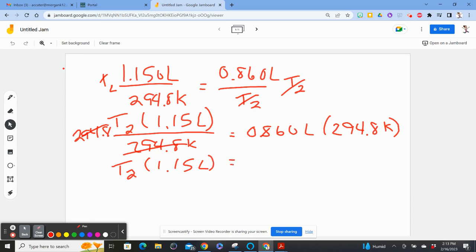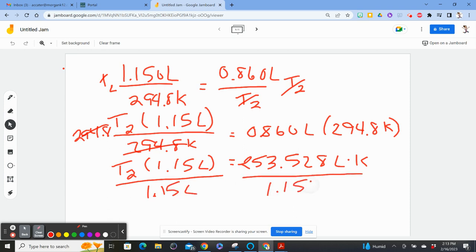And if I multiply those two things together, times 0.860, that gives me 253. Okay, and then to get the T2, since I'm multiplying by 1.15, I need to divide by 1.15. So my liters cancel out, and I get 253.528 divided by 1.15. And that gives me 220.46 Kelvin.